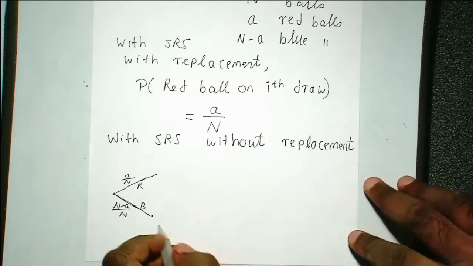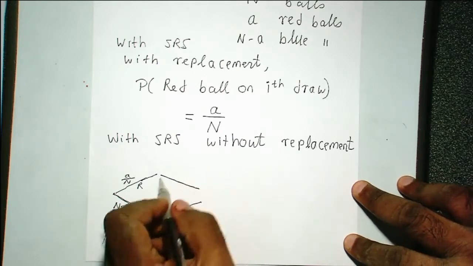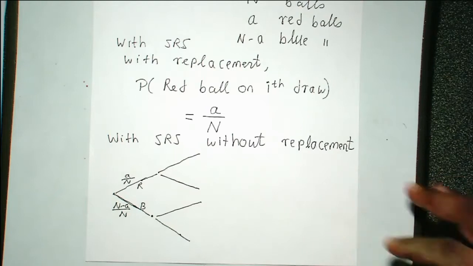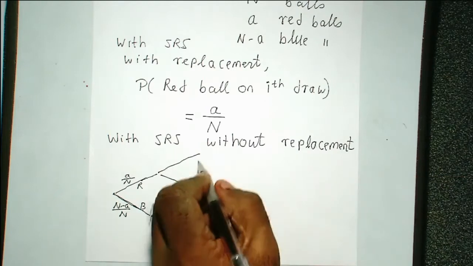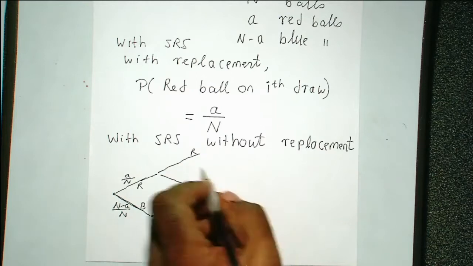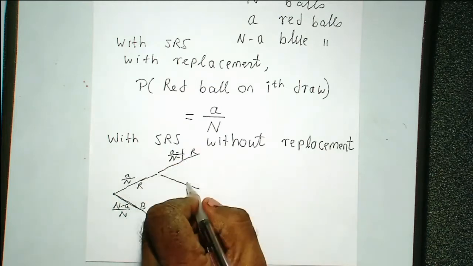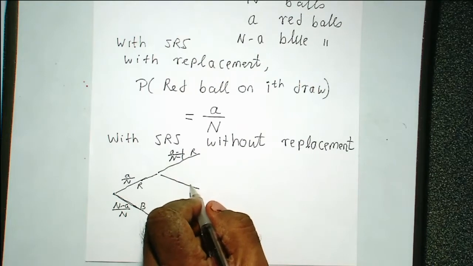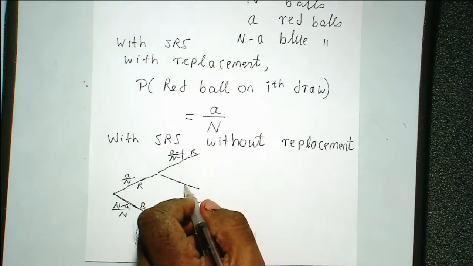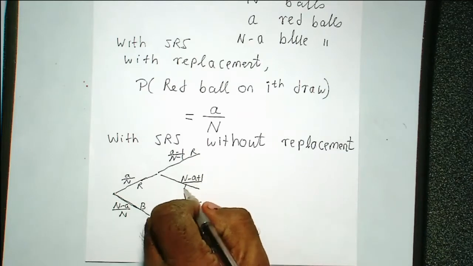For the second row, the probability of selecting a red will be what? Because you have already selected a red, it will be A minus 1 divided by n minus 1, and this would be n minus A plus 1 divided by n minus 1.